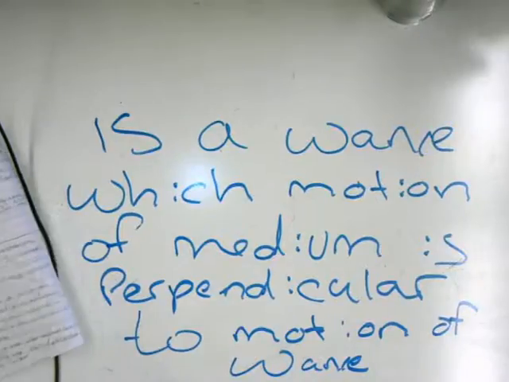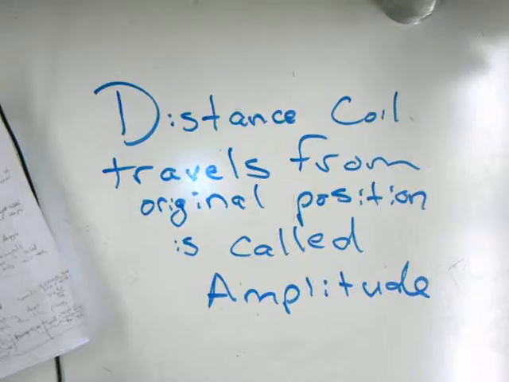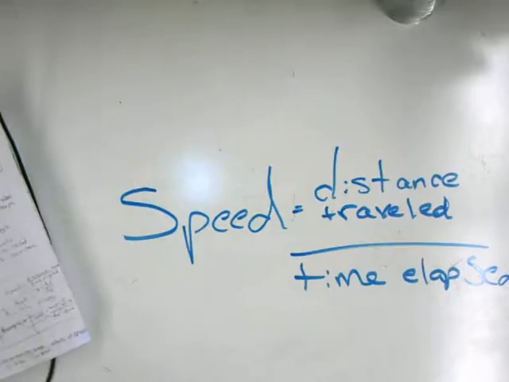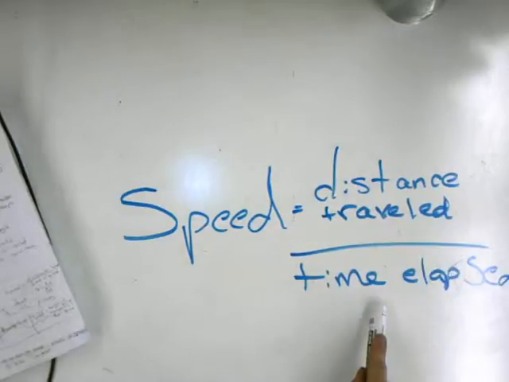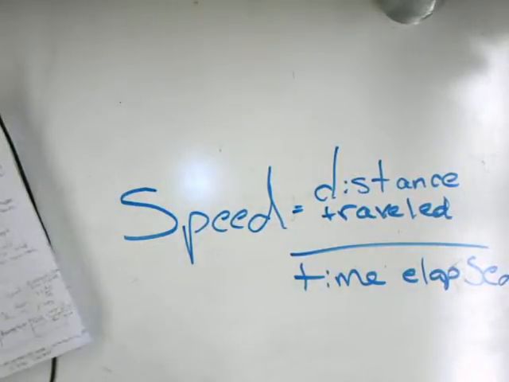Next part of the investigation is to calculate speed. To calculate speed, you take the distance traveled and divide it by time elapsed. I made a table for the investigation, and here is an example of how to do that mathematically.